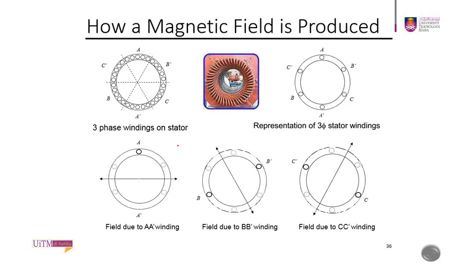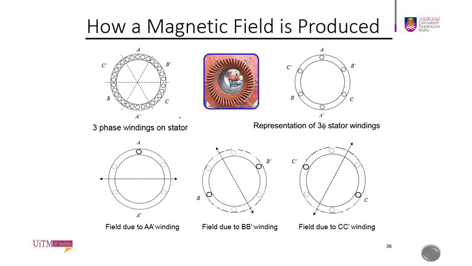You can see the relationship between the voltage, the MMF, and the flux. In three-phase, you can see how the value of voltage, MMF, and flux will recreate the speed of the magnetic field.